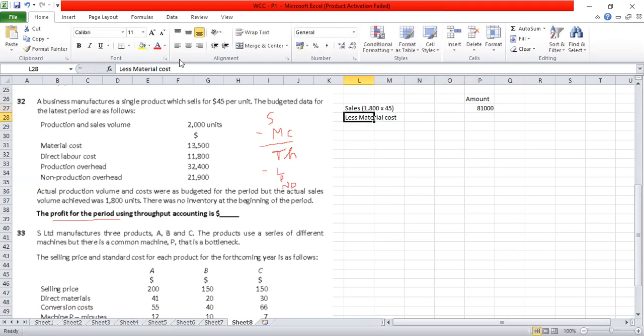Material cost we need to calculate proportionately. Material cost is a total of 13,500, but we need to calculate only for 1,800 units. So 13,500 is for 2,000 units. So 1,800 units, how much?